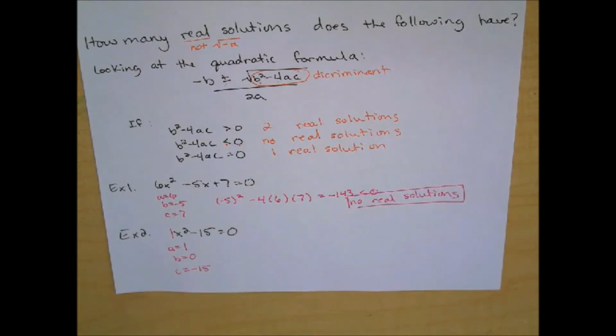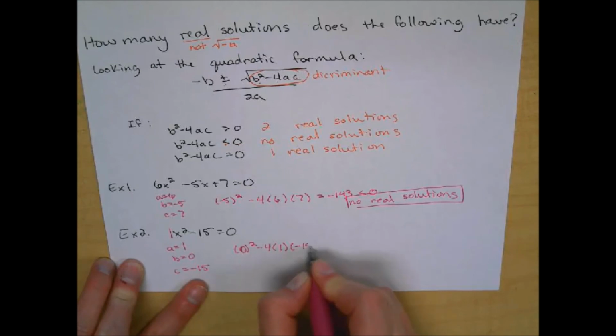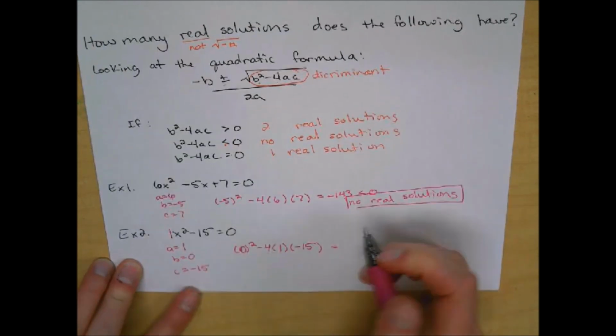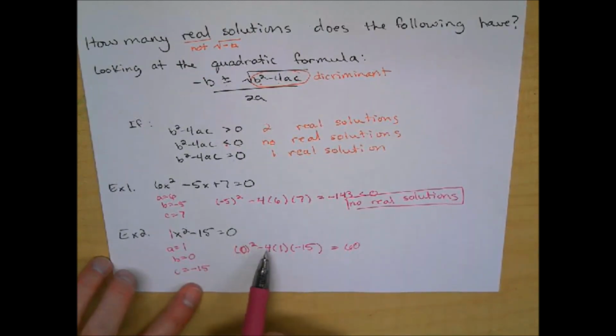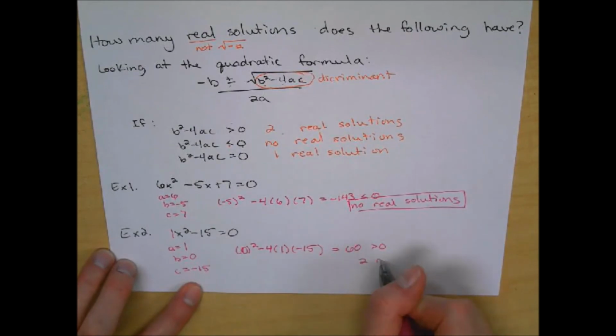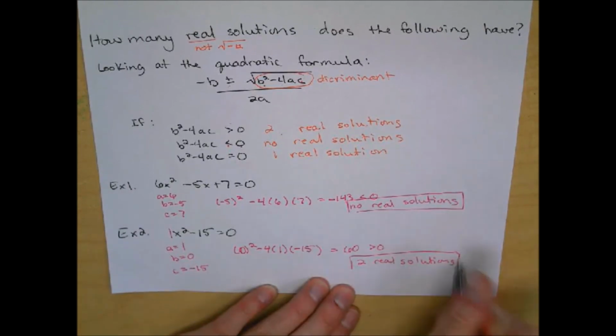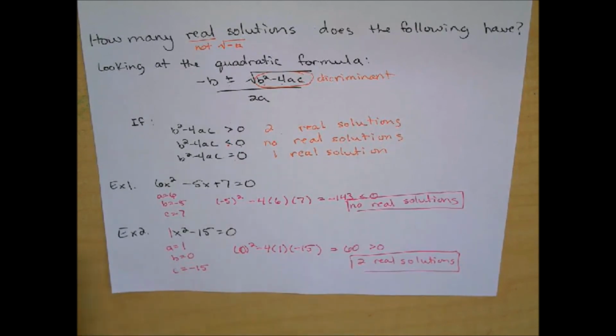Go ahead and plug this into your discriminant. We get 0 squared minus 4ac, which is 60. This is greater than 0, so we will have two real solutions. And yes, I need to see this work on your paper to prove why you're saying how many.